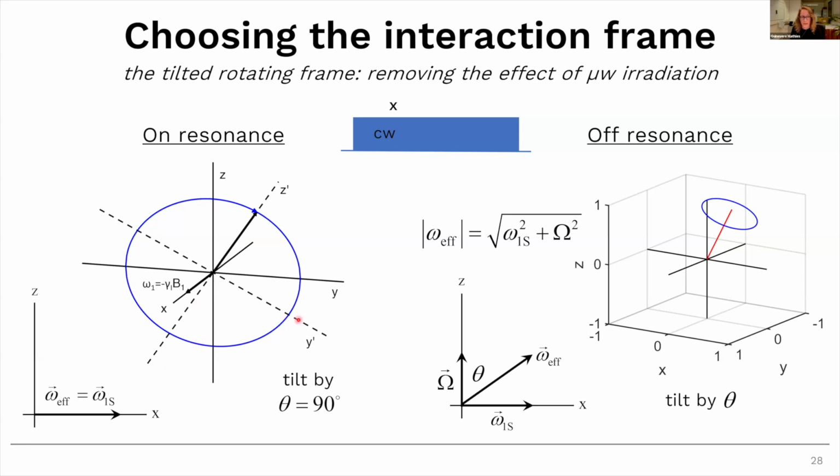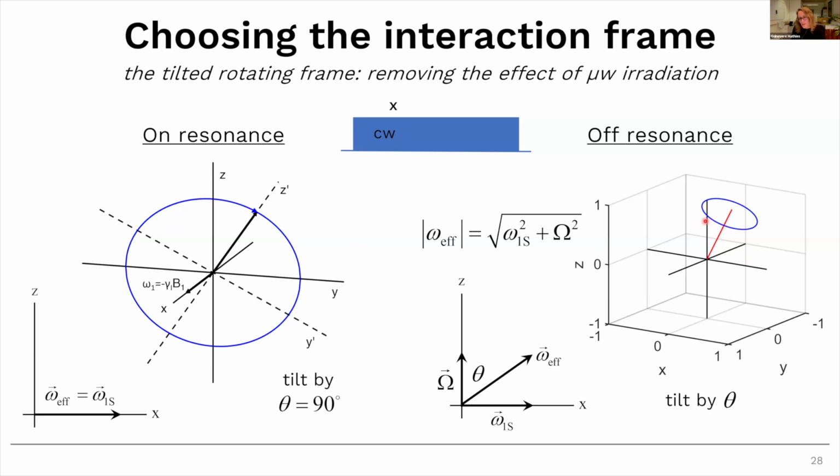I can do the same thing, not for on resonance, but for off resonance irradiation. So now there is the precession not around the x-axis, but around the effective field, omega effective, which is no longer pointing along the x-axis, but somewhere in between the x and z plane.